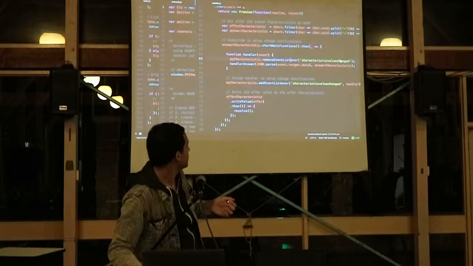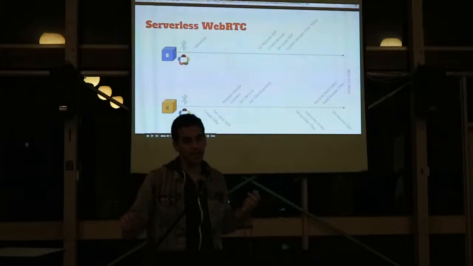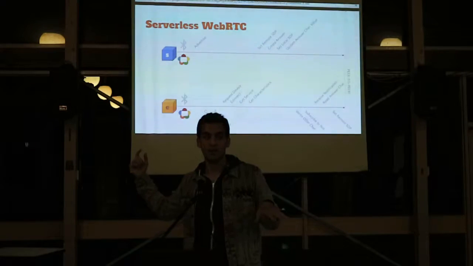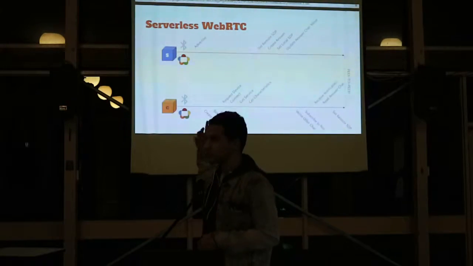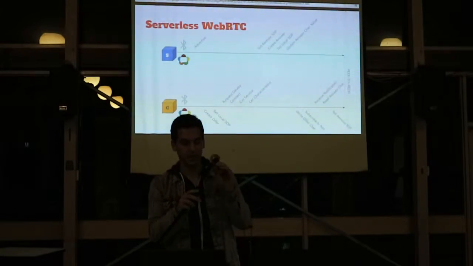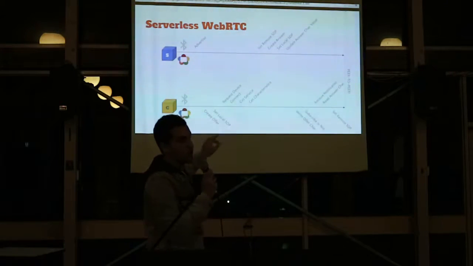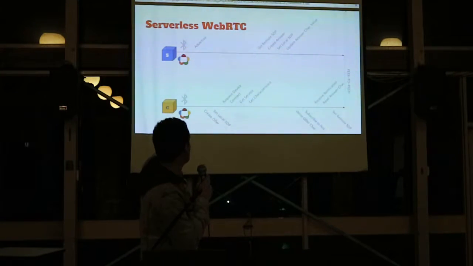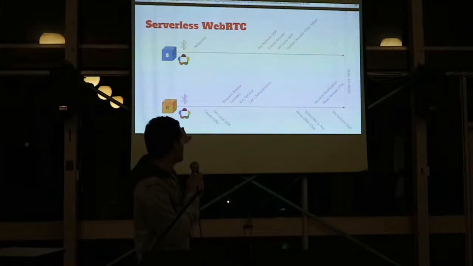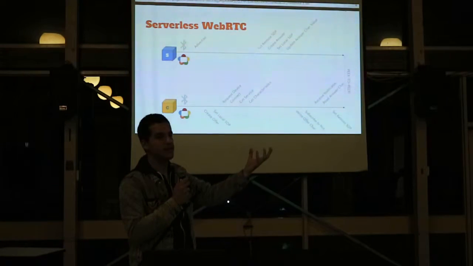What that ends up looking like, if we go back to the presentation, is the entire flow of creating a session between WebRTC and Bluetooth. So we advertise our Bluetooth service, we create the offer on the client, on the phone, we set our local description, we do all of the flow of requesting the device, connecting the device, getting to the characteristic, and we write the value back.